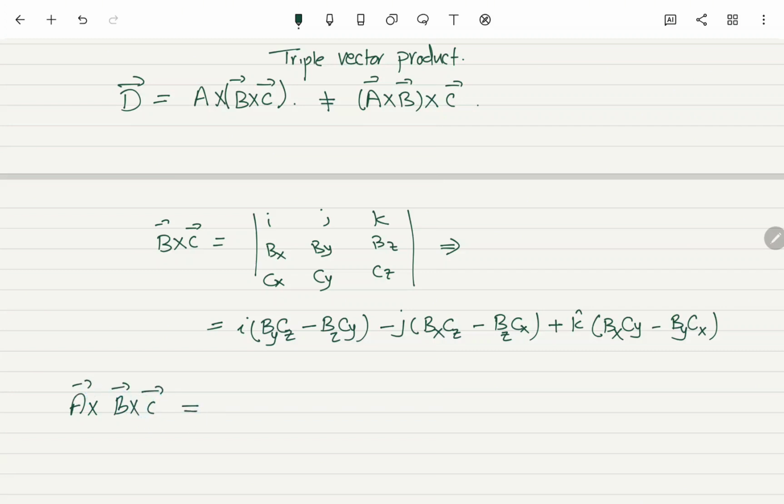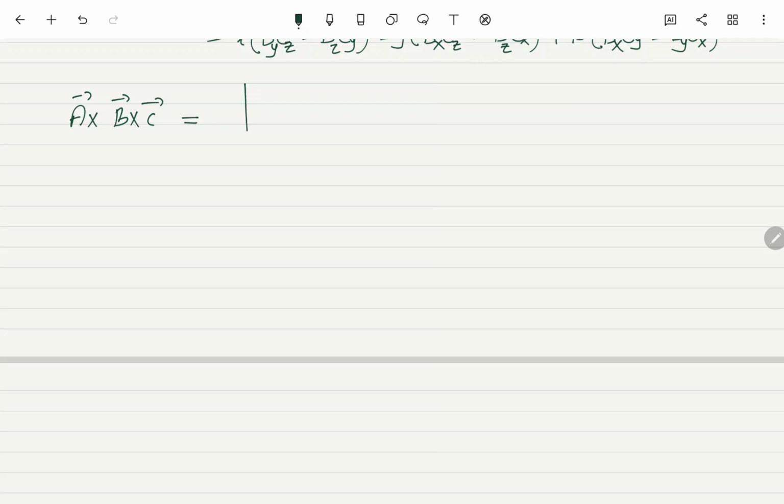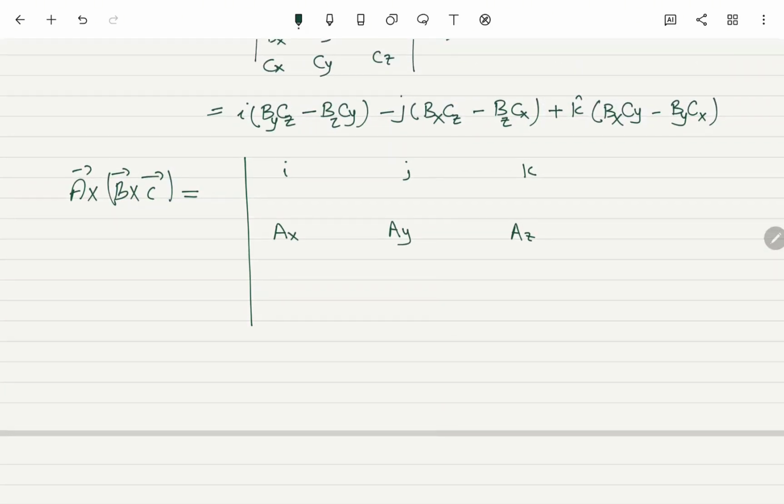Now the result, you cross product with A, so A cross (B cross C) will be equal to, again, open a new determinant: I, J, K. Now the second row is the components for A, which is AX, AY, AZ, and the third row is the components of the result. In other words, this one, this, and this.